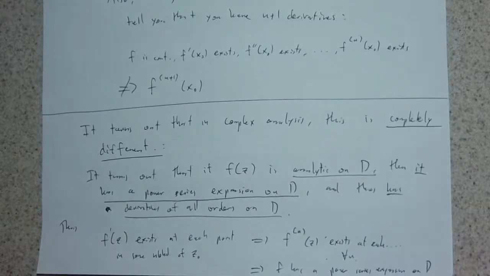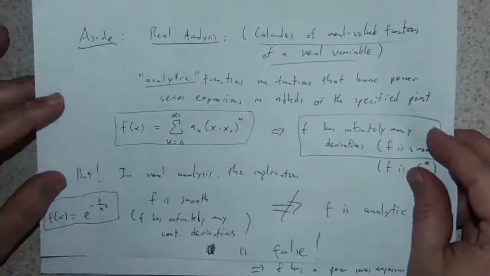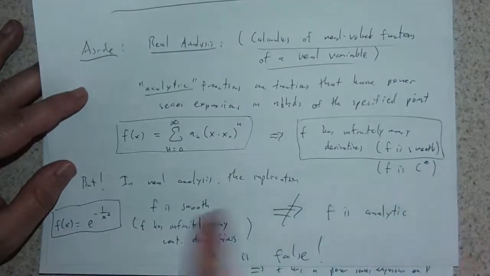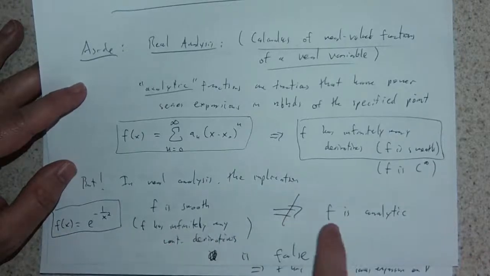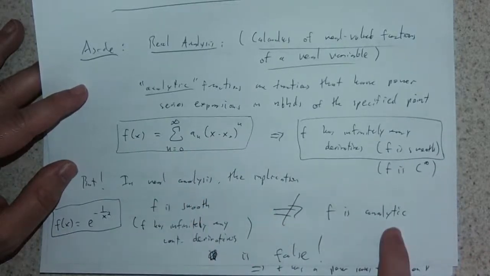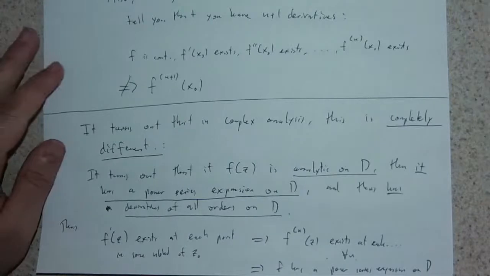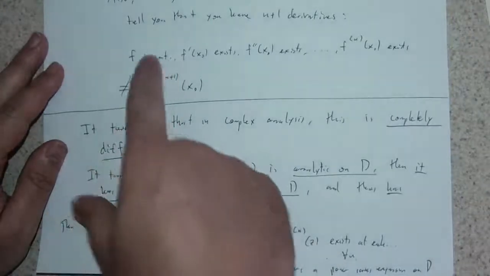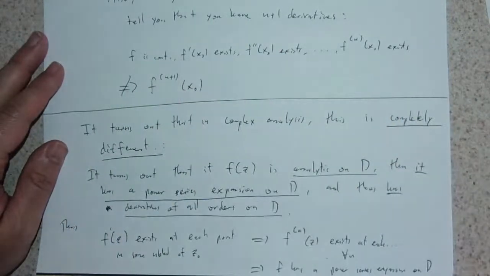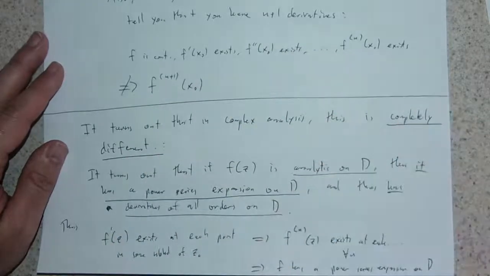So look how different this is, right? For real functions, first of all, even having infinitely many derivatives doesn't guarantee that f has a power series expansion. Furthermore, even having one derivative says nothing about having two derivatives, three derivatives, four derivatives, and so on.